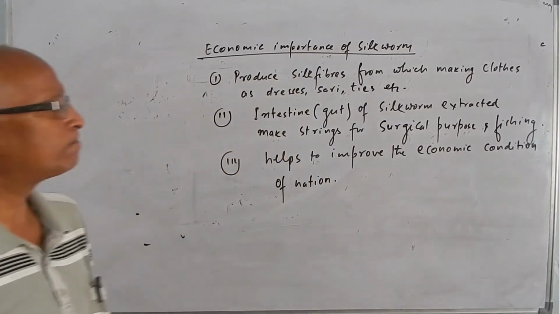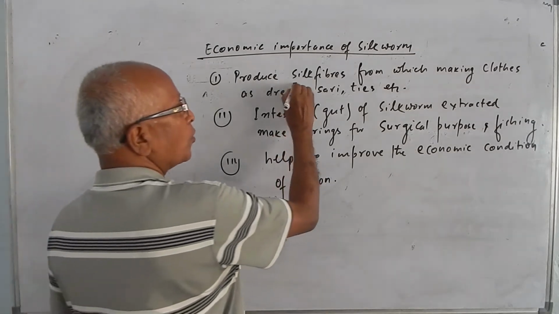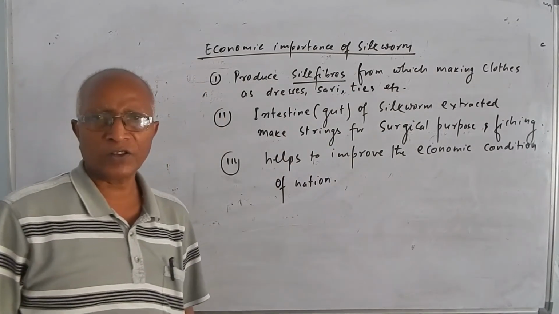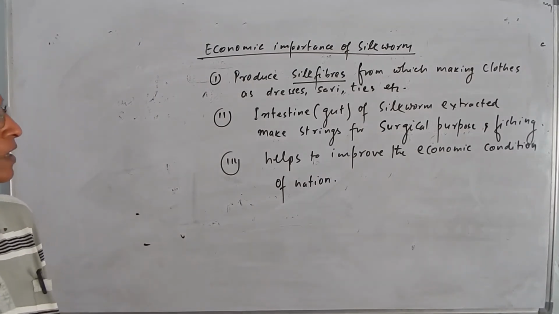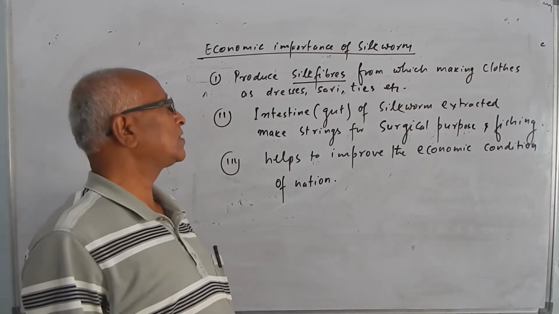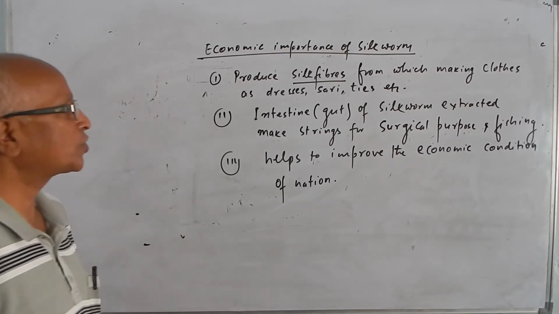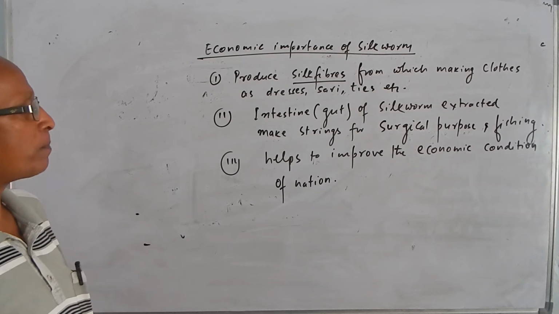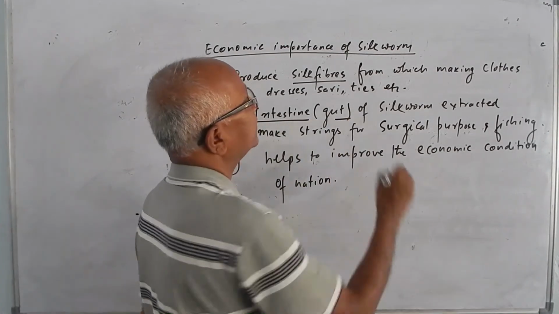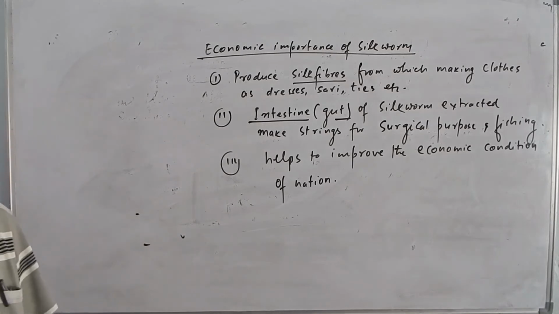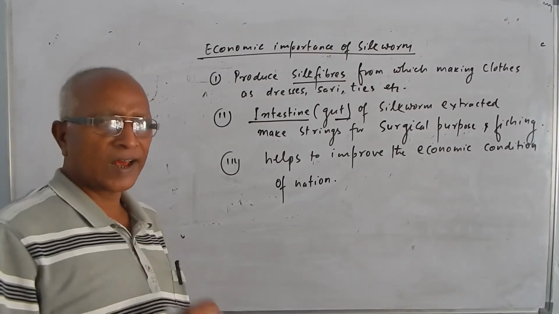So mainly the importance of the silkworm, first is it produces the silk fibers. From these silk fibers making different types of the clothes, that is the form of the dresses, sari, ties and other fancy clothes. Their intestine or gut of the silkworm extracted and their strings are used for the surgical stitching.